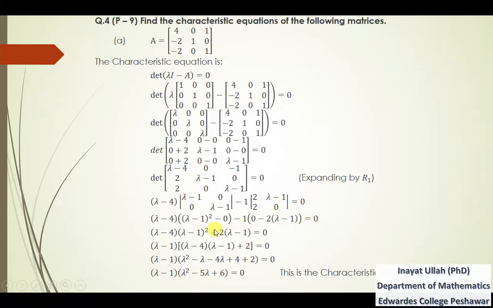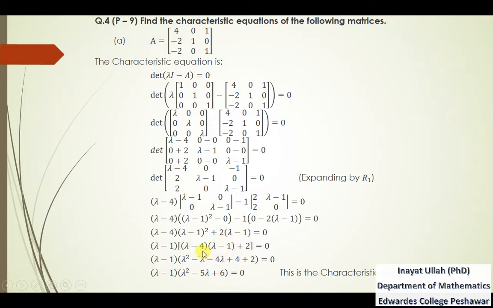Now simplifying this equation, lambda minus 4 into lambda minus 1 whole square, minus minus plus, 1 2s are 2, lambda minus 1. And we see that lambda minus 1 is common in these two terms, so taking lambda minus 1 common, we are left with lambda minus 4 here and lambda minus 1 here, and we are left with 2 here.